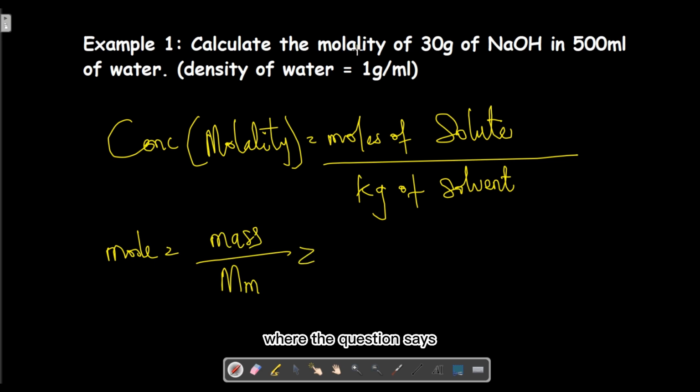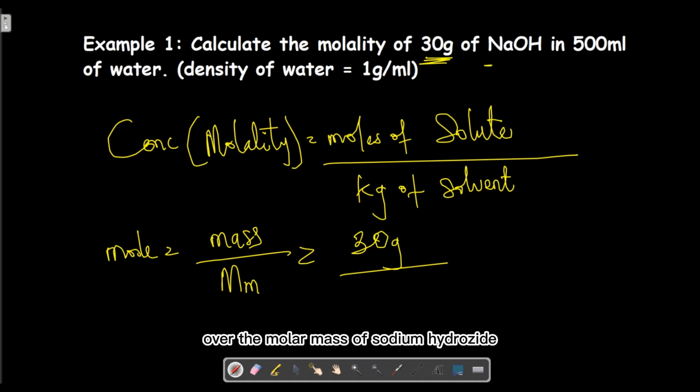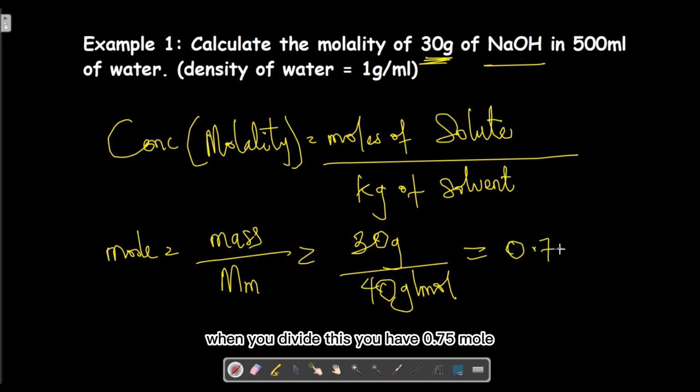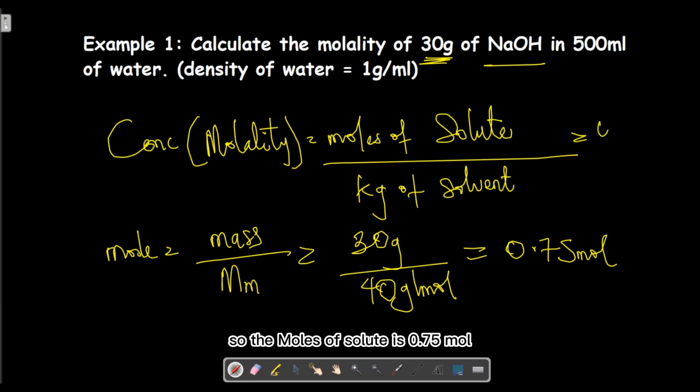Here the question says calculate the molality of 30 grams. So the mass is 30 grams over the molar mass of sodium hydroxide, which is 40 grams per mole. When you divide this, you have 0.75 mole. So the moles of solute is 0.75 mole.